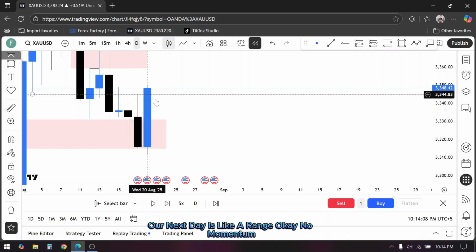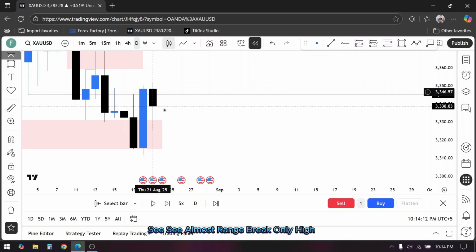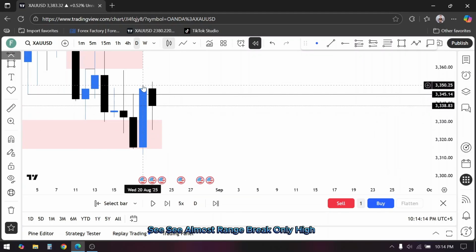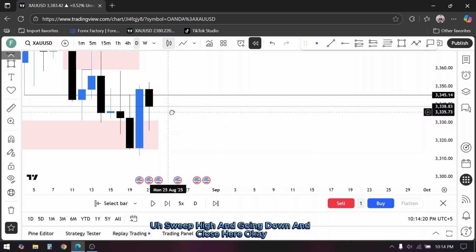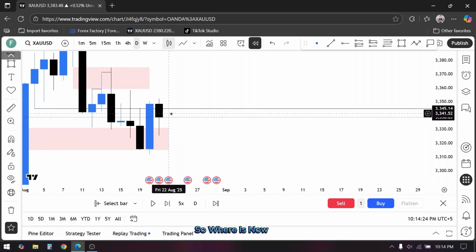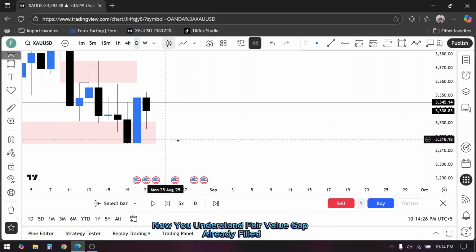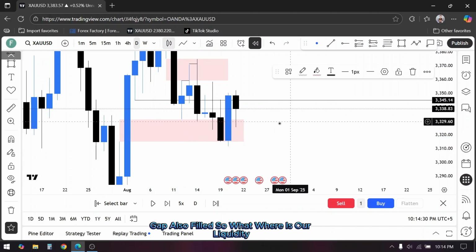No momentum. See, almost range, break only high, sweep high and going down and close here, okay? So where is it now? Now you understand. Fair value gap already filled, gap also filled.